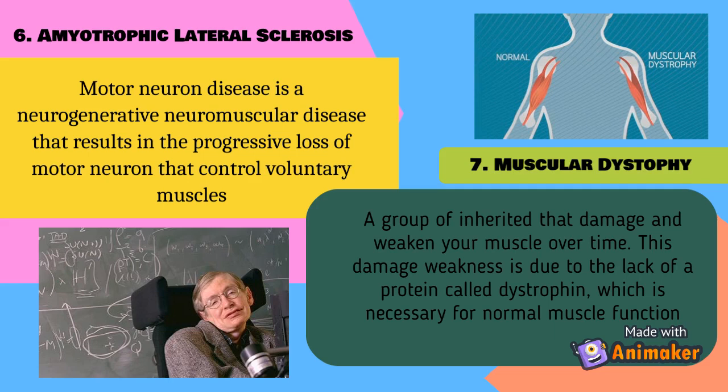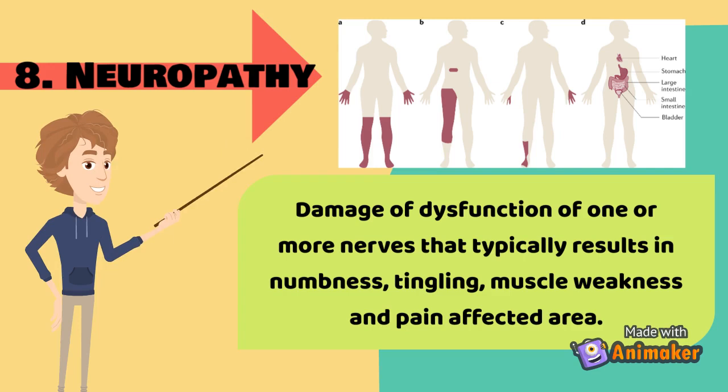The next disease is amyotrophic lateral sclerosis, and the next one is muscular dystrophy. The last one is neuropathy. Neuropathy is damage or dysfunction of one or more nerves that typically results in numbness, tingling, muscle weakness, and pain at the affected area.